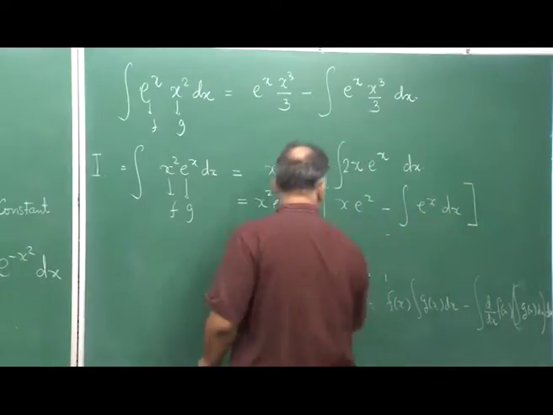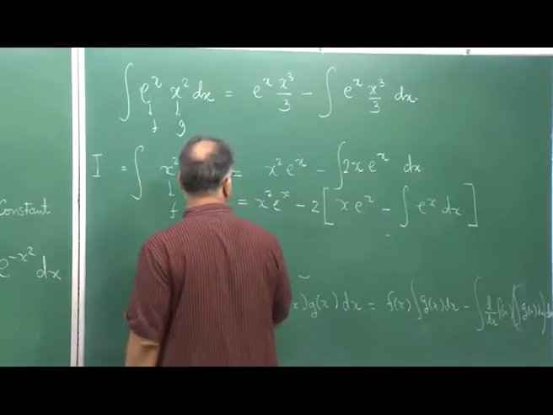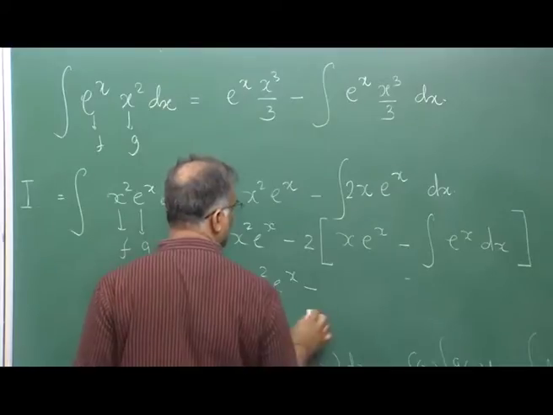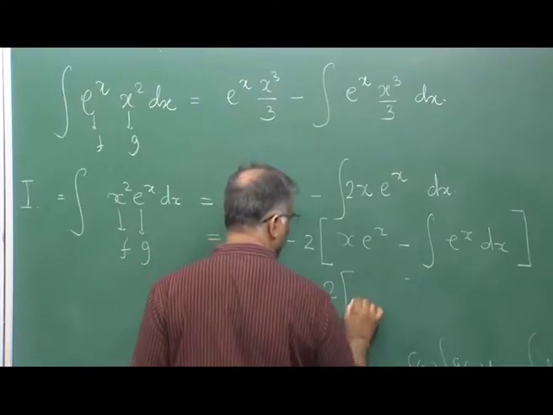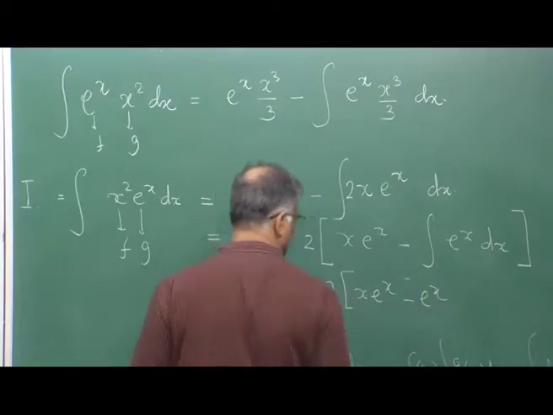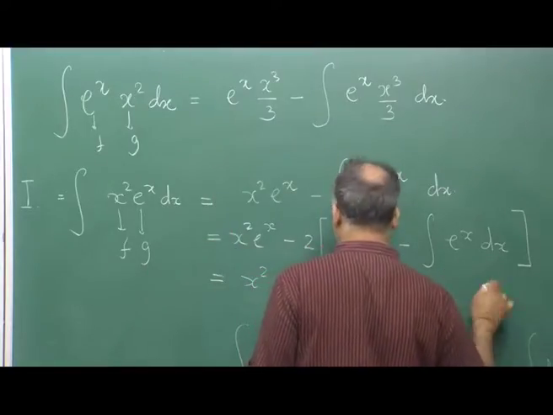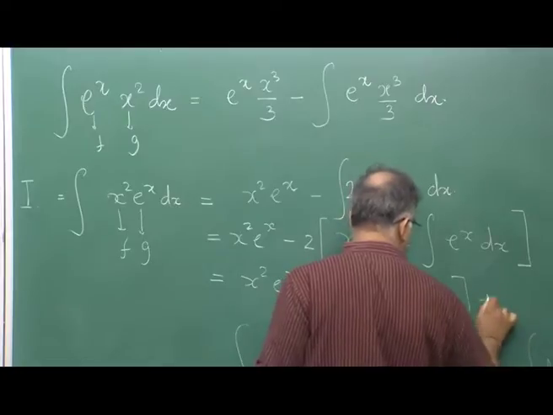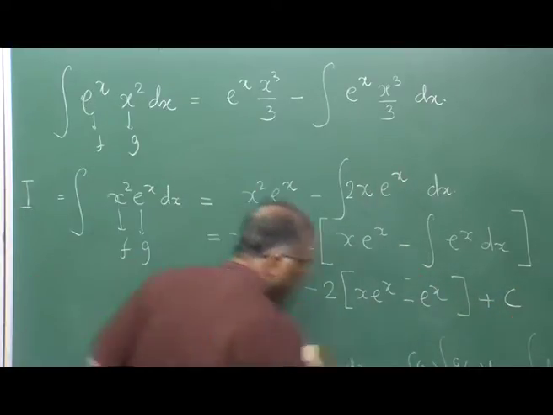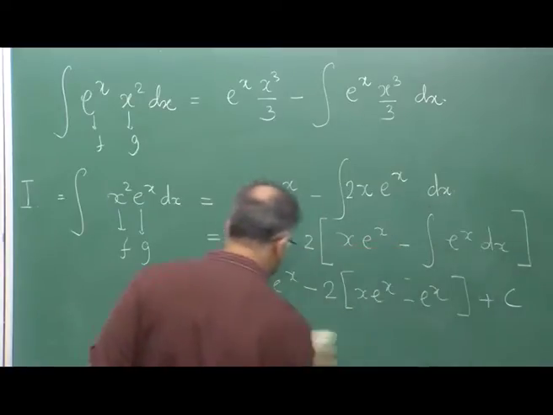So, now if I rewrite this, what I am having is x square e to the power x minus 2 of x e^x minus e^x, plus c. So, e^x plus c is whatever, the c will go out, plus some c. So, basically because now you have the integration by parts formula.